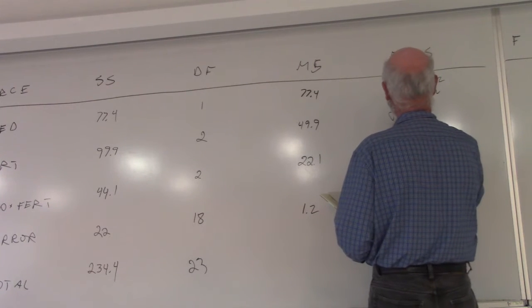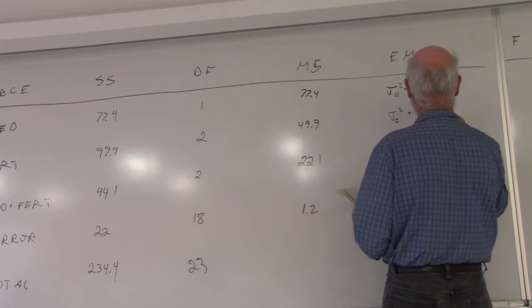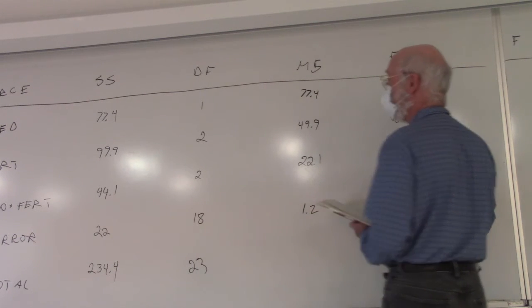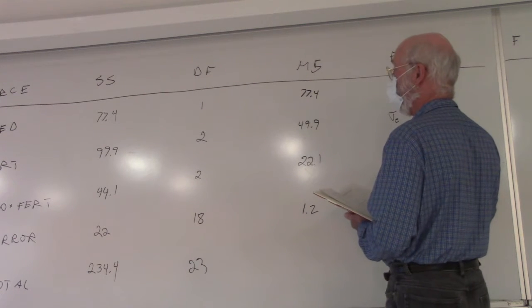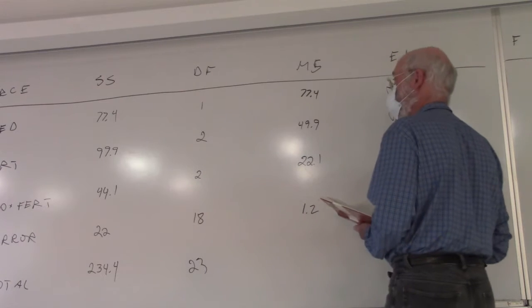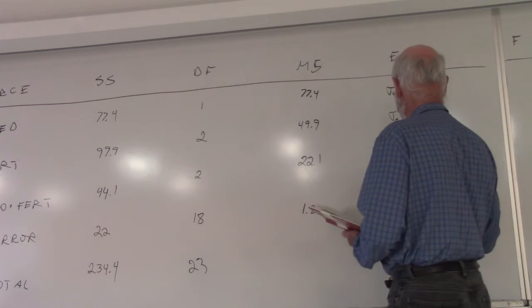I'm going to have sigma E squared plus A n sigma B squared. Here I'm going to have C times fertilizer, so sigma E squared plus, let's see, what should that be? There I have sigma E squared.